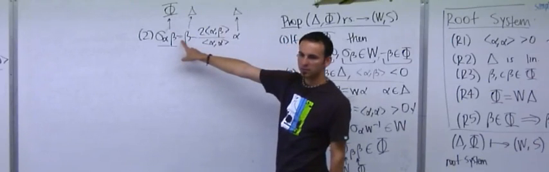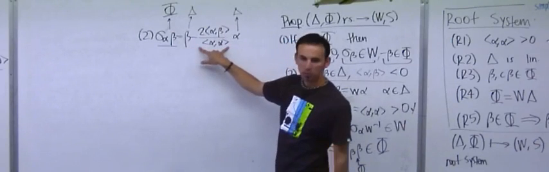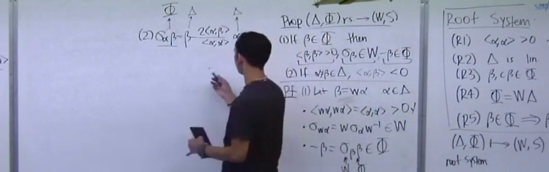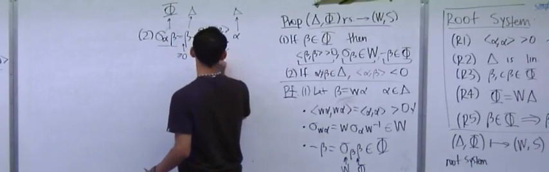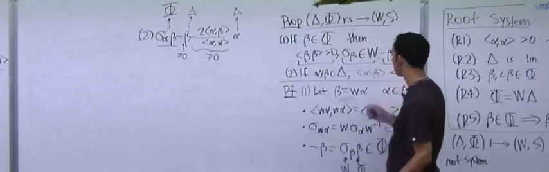So these two terms are linearly independent. This coefficient is positive, which means that this coefficient has to be positive, or not negative. This number is non-negative, but the 2 is positive, alpha comma alpha is positive, the minus is negative, so that means that alpha comma beta has to be negative, which is what I wanted to show.